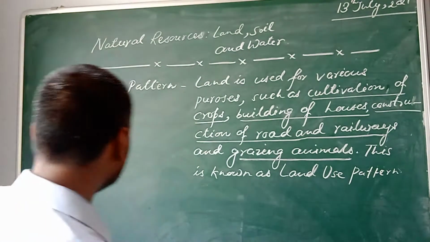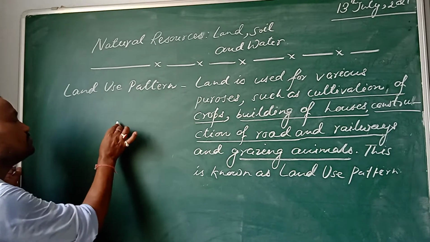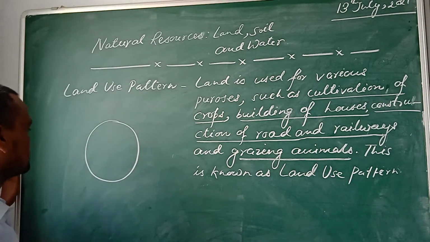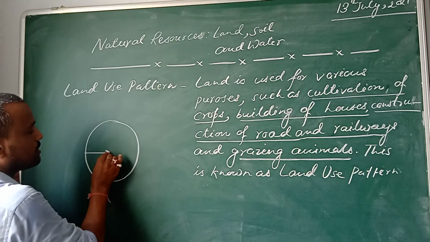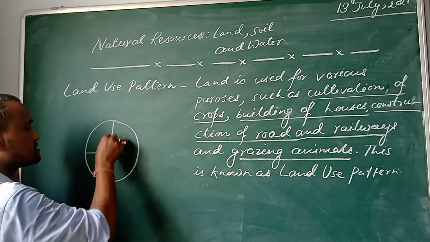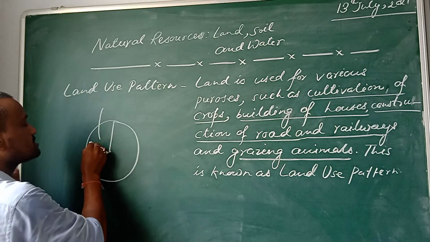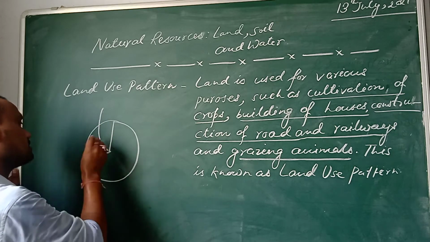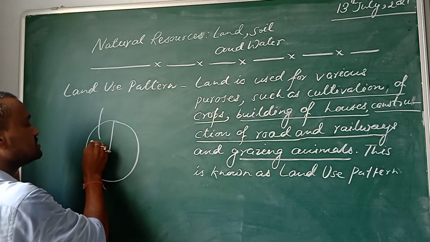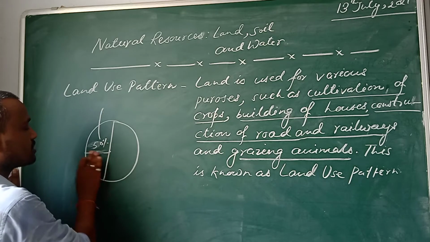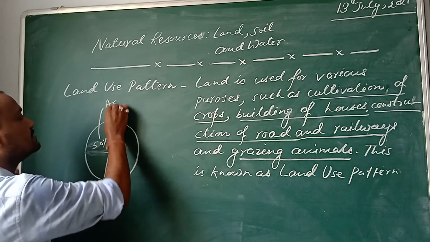This can easily be demonstrated using a pie chart or data. Just as if you are making a pie chart, suppose this part is being used approximately 70%, or 60, or 50% is being used for cultivation or agriculture.